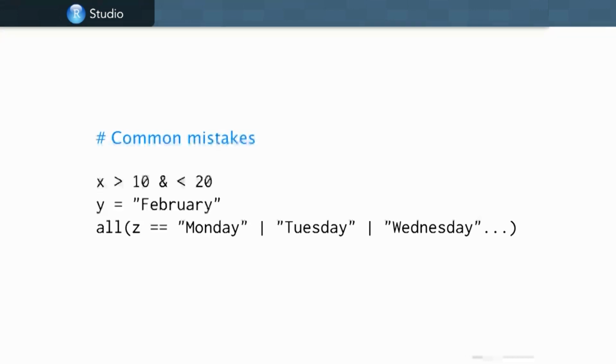But the second thing this code is doing wrong is it's not providing a complete test between the OR operators. So when R tries to evaluate, for example, the test Tuesday, it's not going to return a true or false, and that's going to cause an error eventually. If you wanted to proceed like this, you'd actually have to write all z double equal Monday or z double equal Tuesday or z double equal Wednesday, and so on, which would be very verbose.